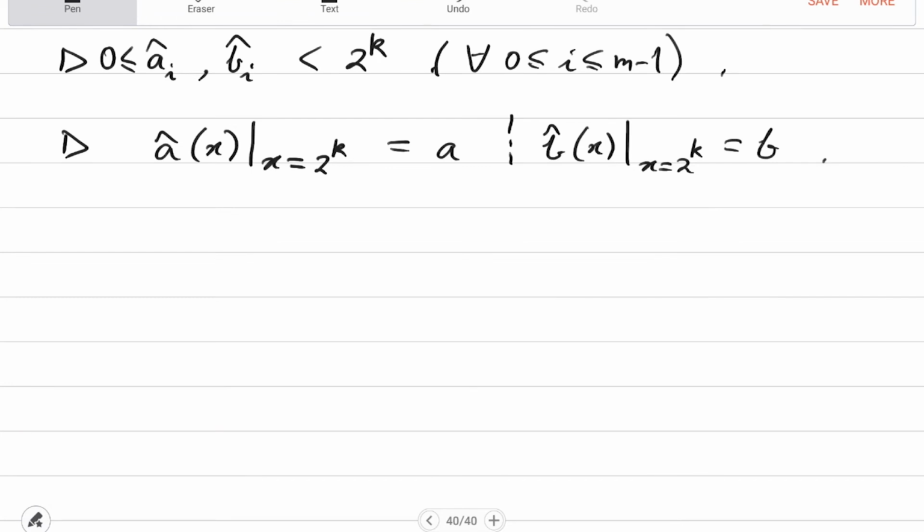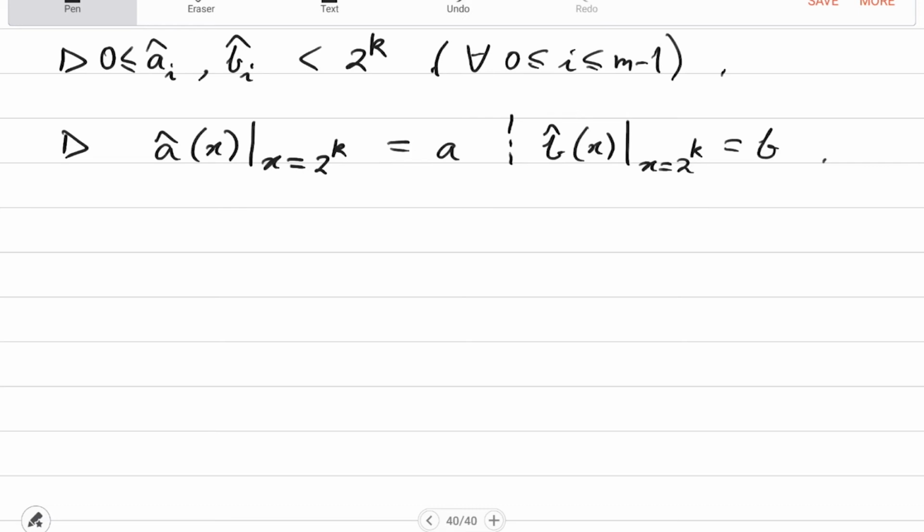Which tells you that there is no information loss whatsoever. In fact, these polynomials in a way know more. They give you more structure, not less. So once you have a hat, a single value of it is a, and same with b hat.